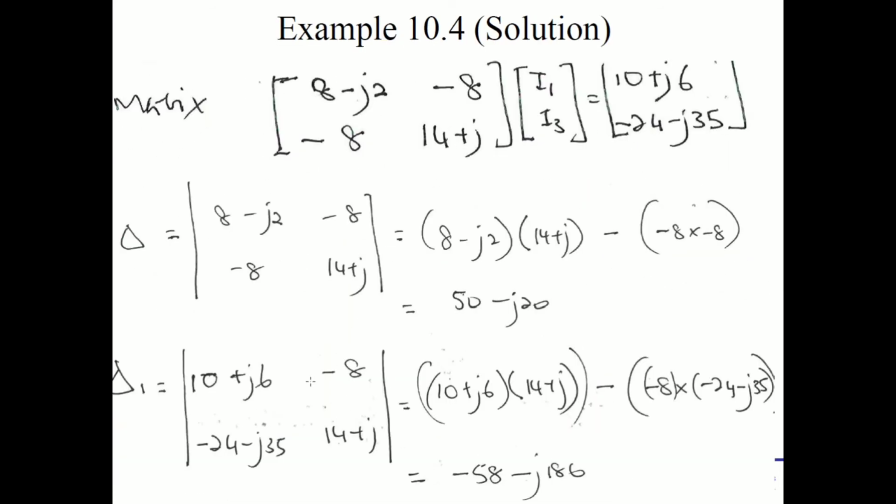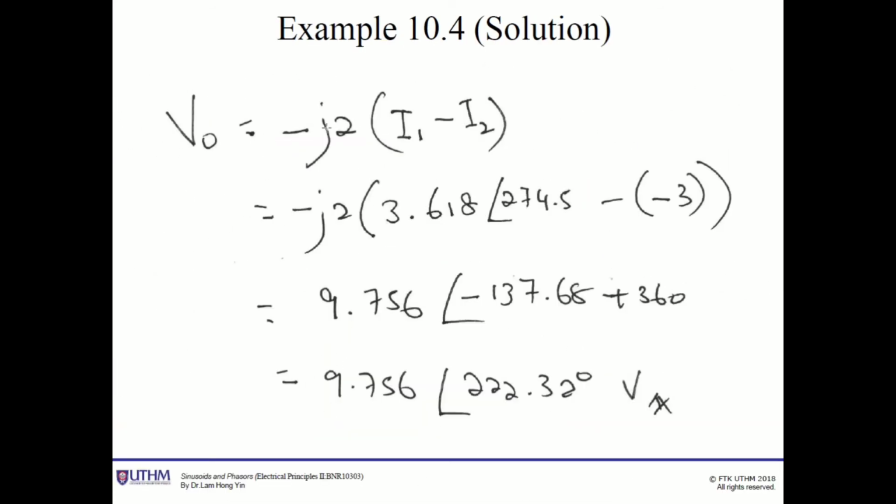This is the capacitor, and because the capacitor is between mesh 1 and mesh 2, we need to deduct, I1 minus I2. Once you put in the values of I1 and I2, you get V0. Okay, I hope you understand.